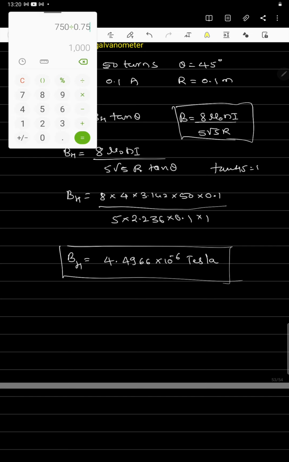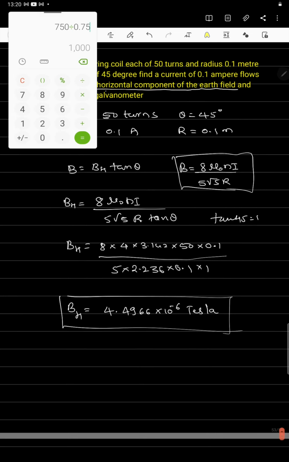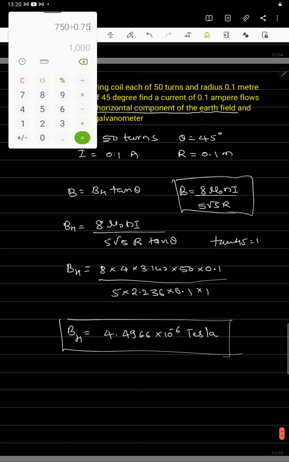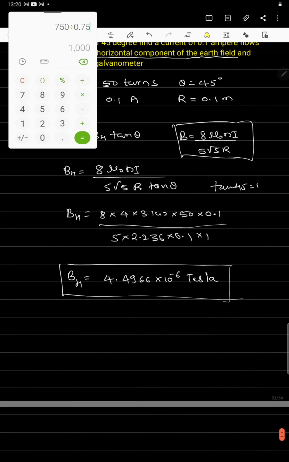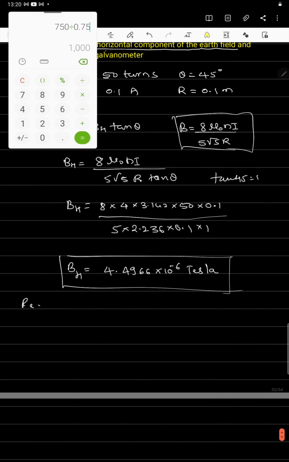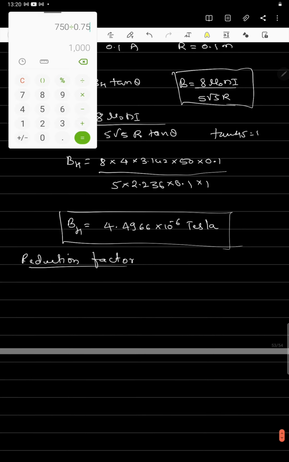So this is the horizontal component of the earth's magnetic field, and now they told us to find the reduction factor. In the explanation we didn't explain this reduction factor because you should see the problems, that's why I didn't use the reduction factor there.